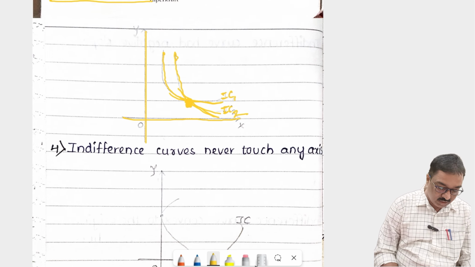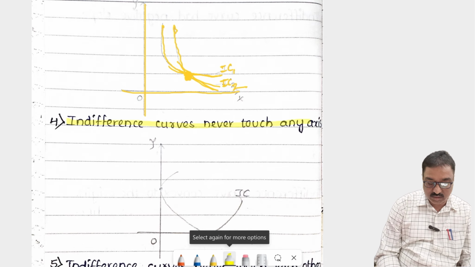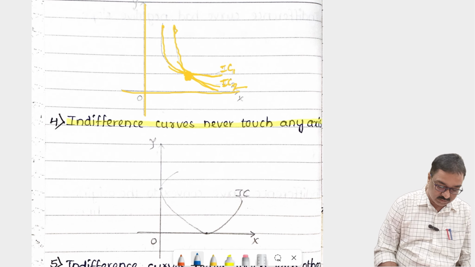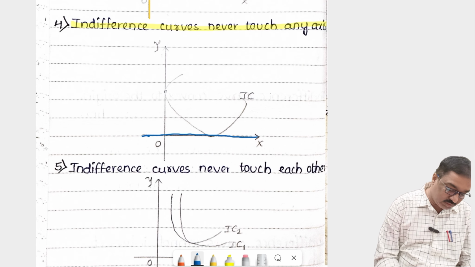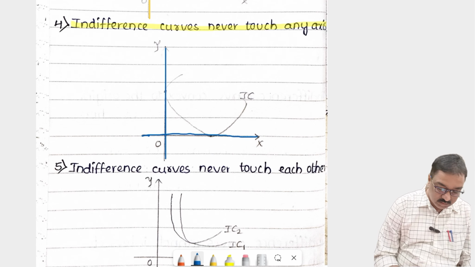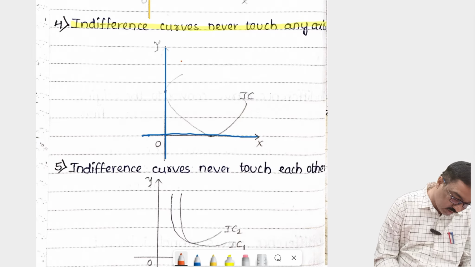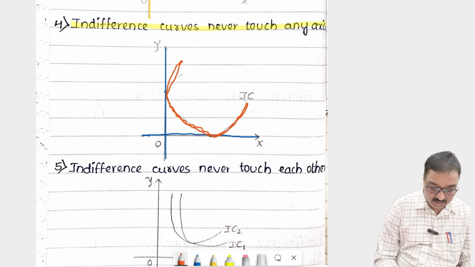And the fourth property: indifference curves never touch any axis. Listen here, this is the x-axis, this is the y-axis. These indifference curves never touch any axis, either the x-axis or the y-axis.